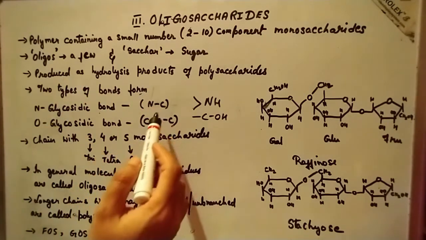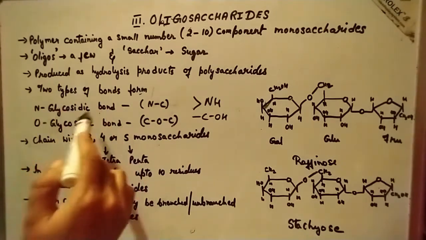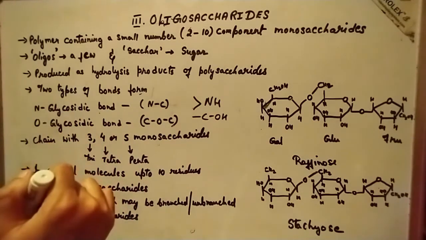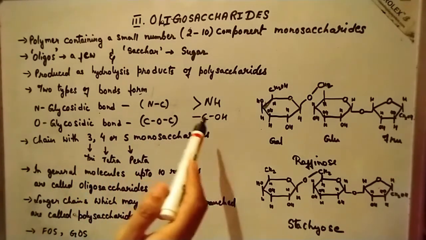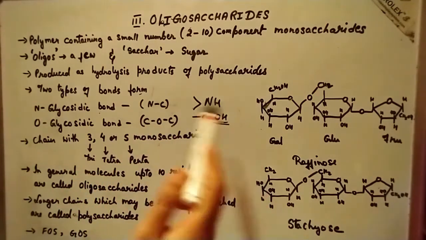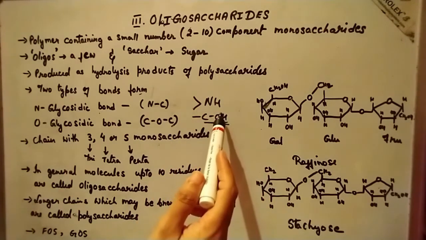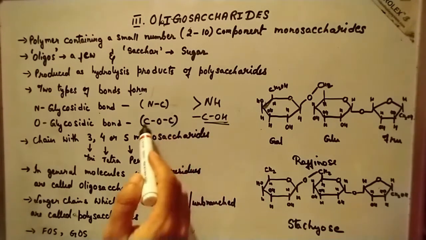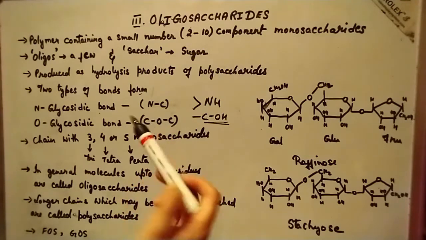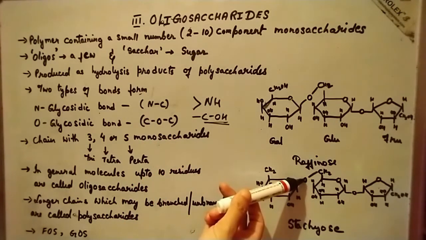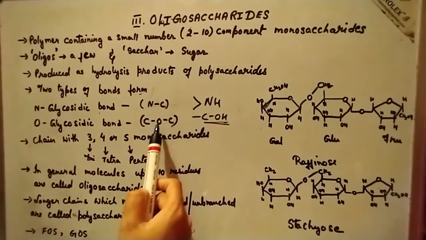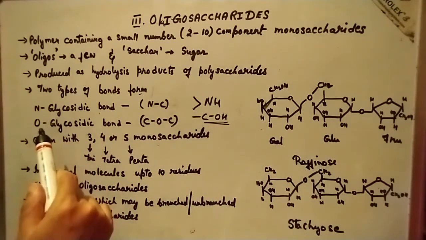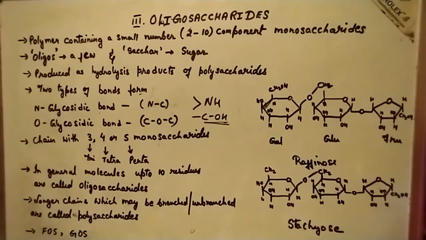Whereas the bond formed between two COH groups of two monosaccharides, where the two carbons are linked through oxygen, as you have seen in disaccharides, is referred to as the O-glycosidic bond. So this is about the glycosidic bond.